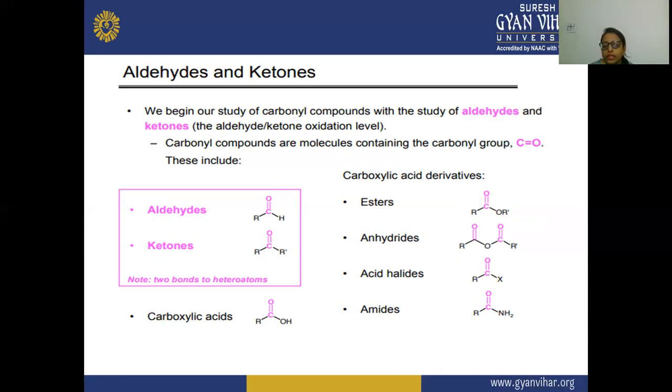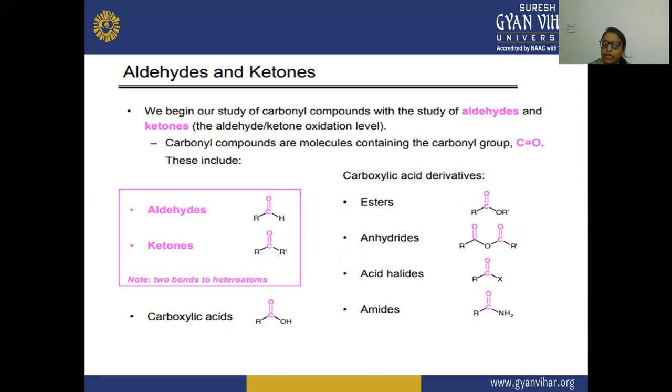In your carboxylic acid derivatives, you can see the esters. In your ester, this carbonyl group is attached on one side to your alkyl group, and the other side is your O plus your alkyl group.